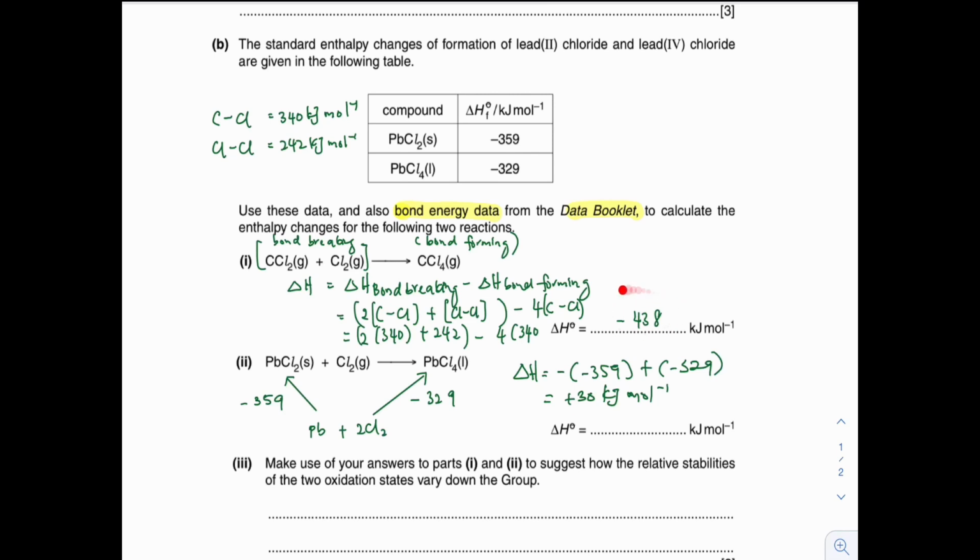So this is more stable, this is not so stable. Therefore the +4 oxidation state of Pb is not so stable as compared to the +2 oxidation state of Pb. The +4 oxidation state is less stable than the +2 oxidation state.